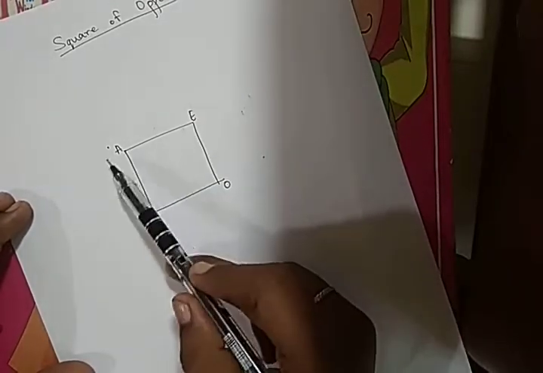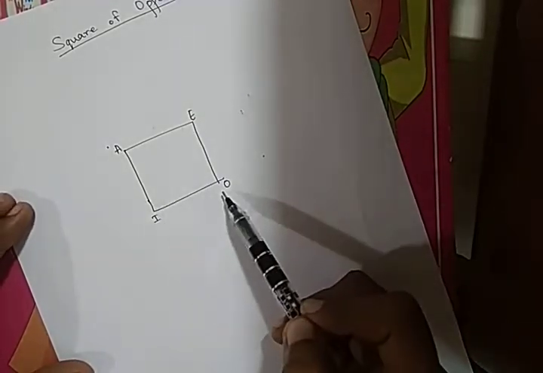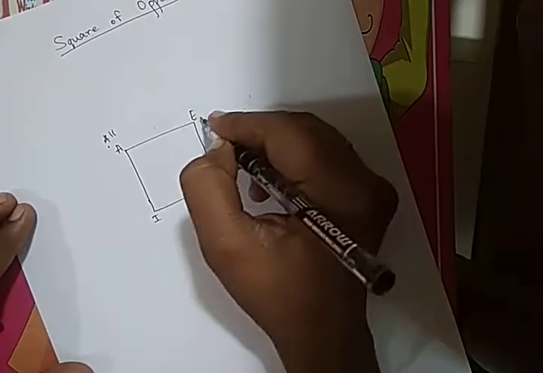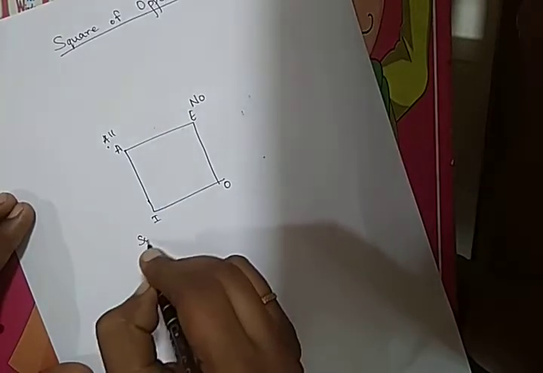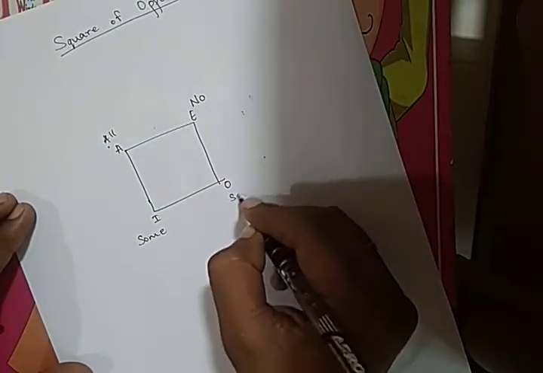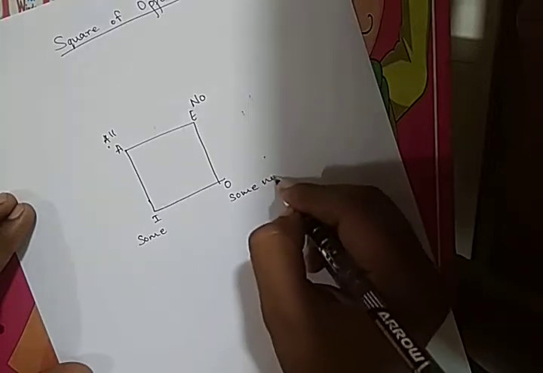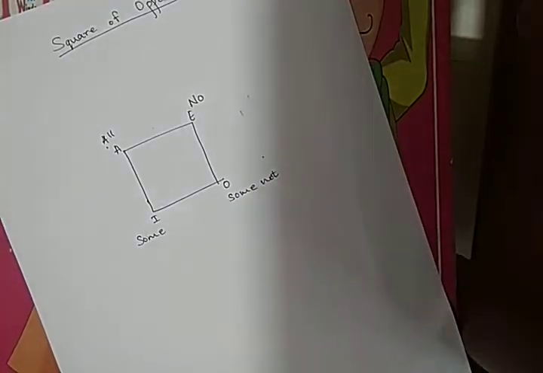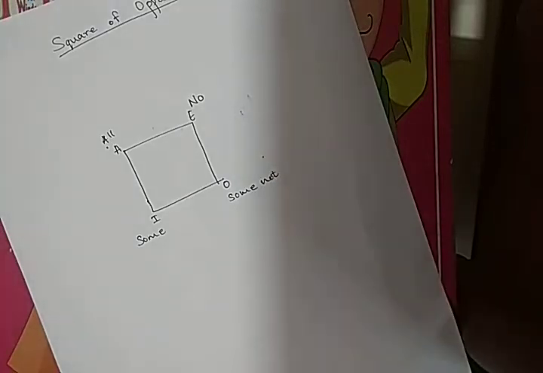The vowels A, E, I, O are here. A represents all, E is no, I is some, and O is some not. Well, how are these four corners of this square related to each other?